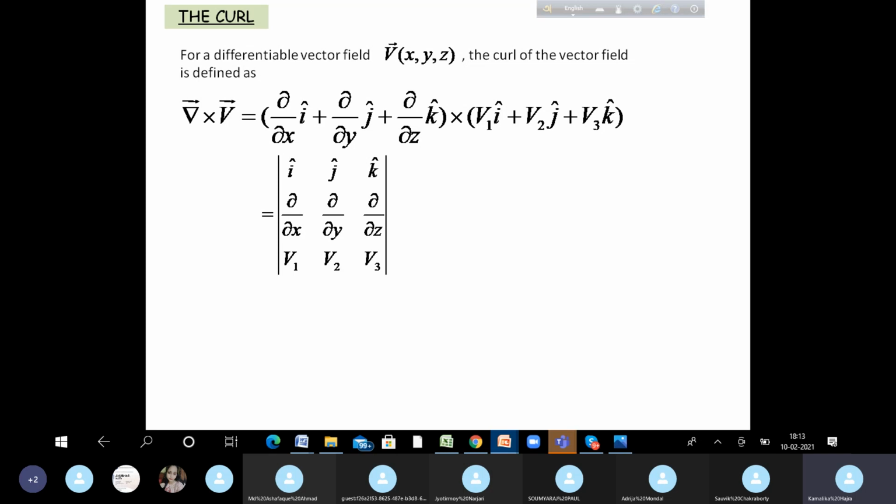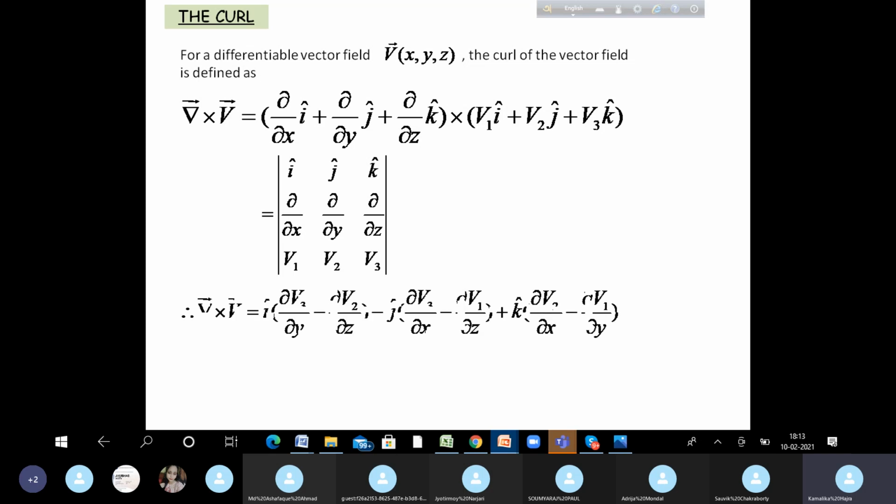So we have to understand what this physically means. Mathematically, of course, this is the expression, but obviously you won't learn this up. If you are asked to find the curl of a vector, you will write down the determinant and see what the curl is. Can someone immediately tell me what is the curl of the position vector r?